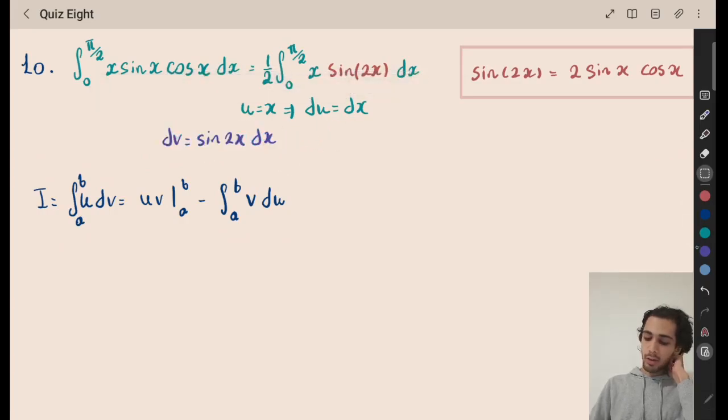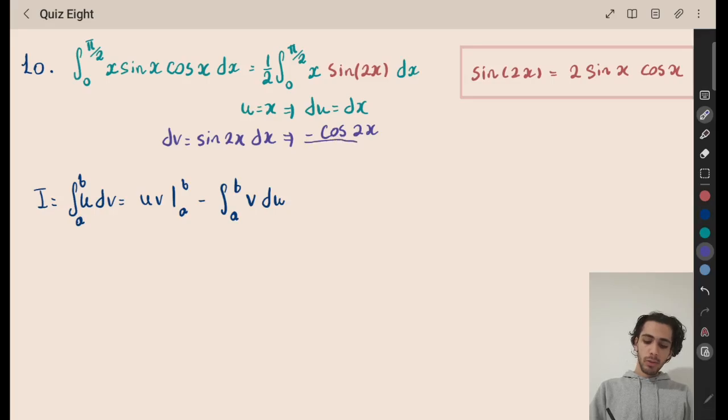then here's the catch. Can you integrate this? So the derivative of what is sine 2x? Is a good question to ask. It's negative cosine of 2x, but you divide by 2. Because the derivative of cosine is negative sine, so the sine cancels out.